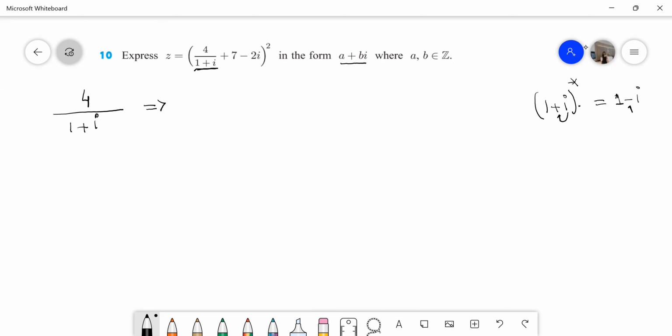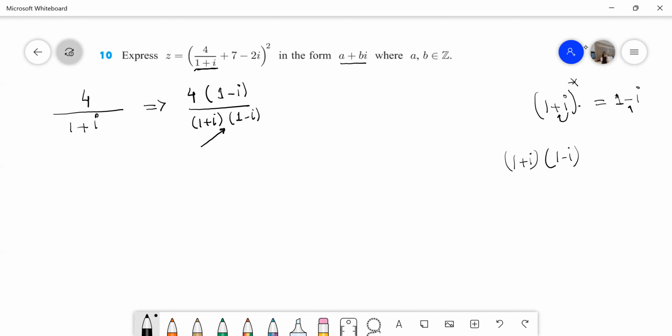So I can write this fraction as 4 times (1 minus i) over (1 plus i) multiplied with (1 minus i). By doing this operation, we can get rid of the complex number in the denominator and we can get just a real number. So now let's see what is 1 plus i multiplied with 1 minus i.